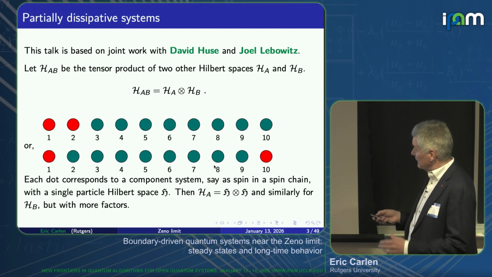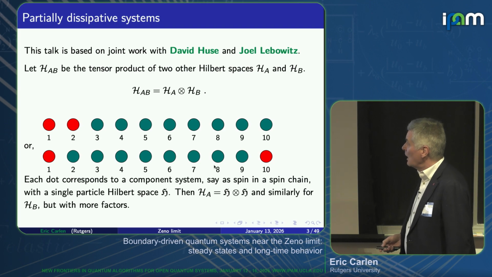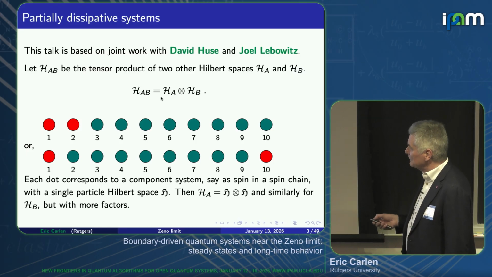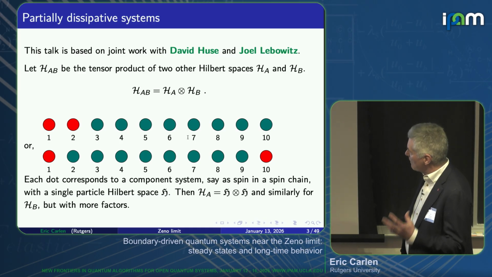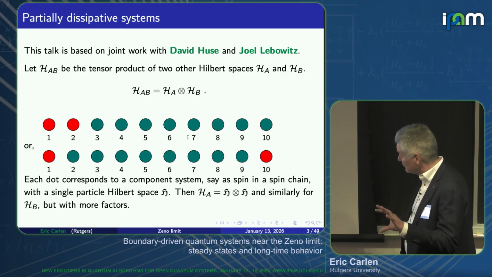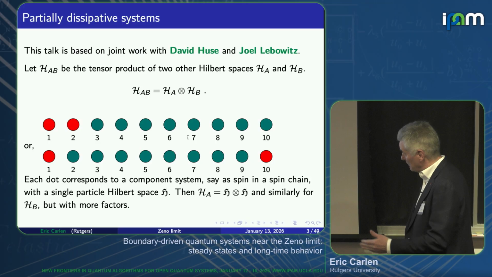So what the subject is, the collaborators here, will be considering a bipartite quantum system. So the Hilbert space is the tensor product of two Hilbert spaces. The red dots concern part A, and the teal dots are part B. And you should think of the A maybe as being part of the boundary, and the B being part of the bulk.